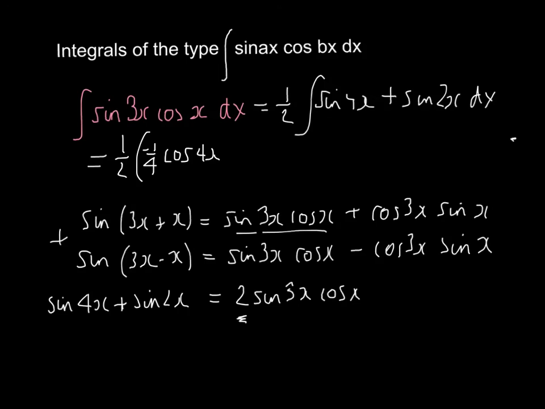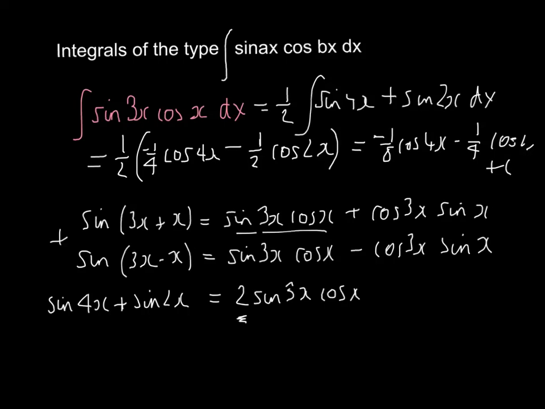And then for the integral of sine 2x, we'll have minus a half of cos 2x. Okay, so just multiply that out. So we've got, and they're both negative, so it doesn't matter. So minus an eighth cos 4x minus a quarter cos 2x plus c.